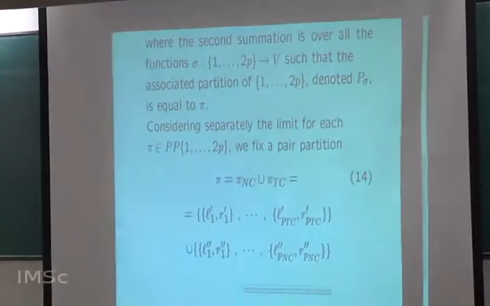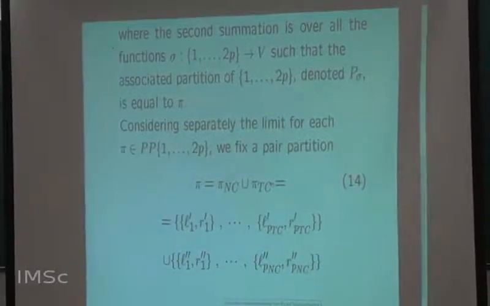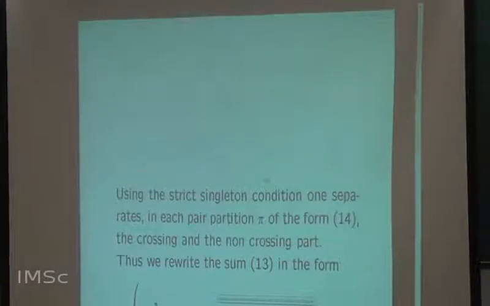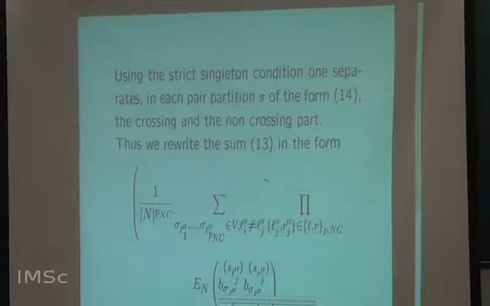Okay? So I now separate also the non-crossing part and the totally crossing part as in the figure on the blackboard. Why? Because here I use in an essential way this. If you remember the difference between the singleton and strict singleton condition, here we use strict singleton. So we can bring out of the expectation value all pairs which are in the non-crossing components because of the singleton condition.